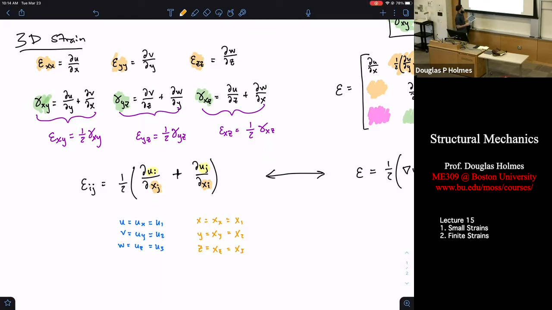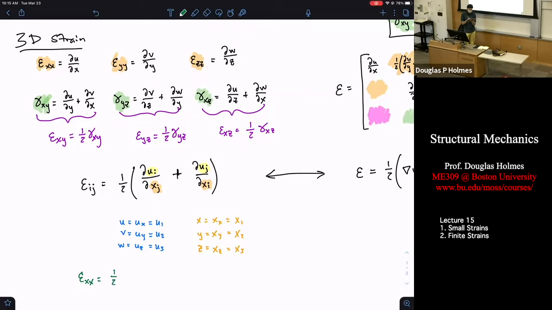So I empathize with how misleading and ugly these types of things look, but let me just show you what this means. Say I want to calculate the strain in the XX direction. Well, what does that mean? It means I put in i is equal to x and j is equal to x.